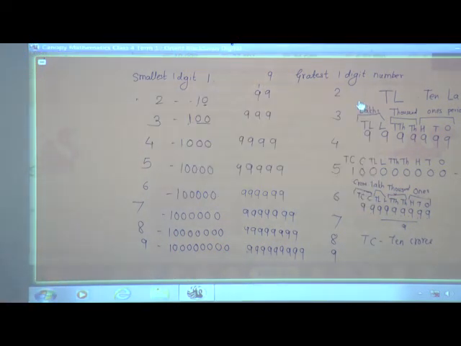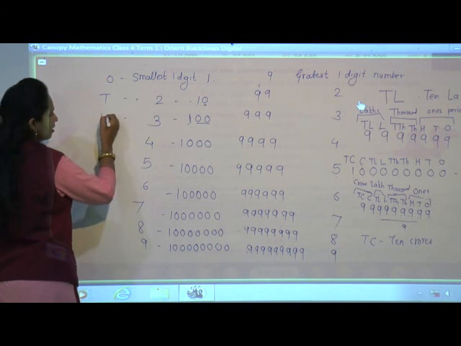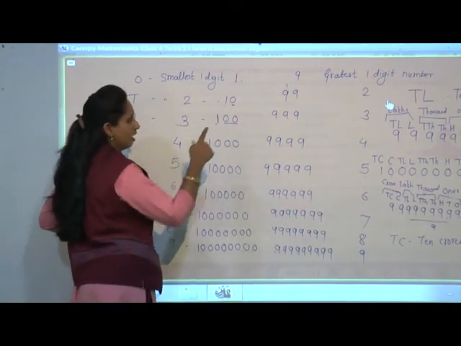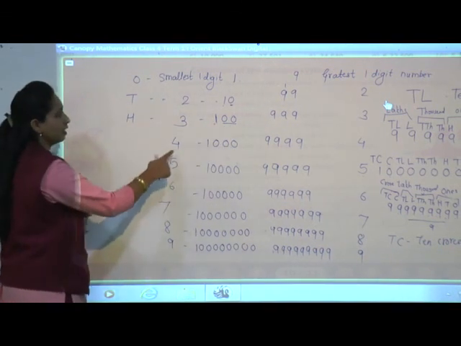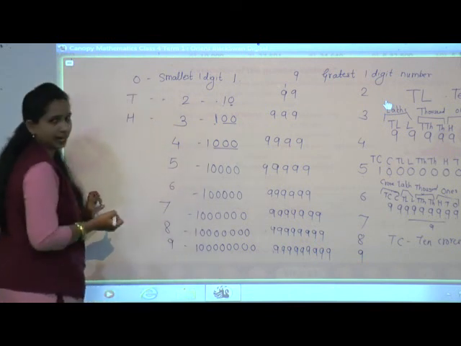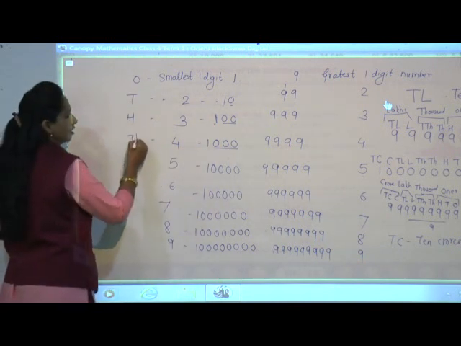How many zeros? 2 zeros. This is ones, this is tens, this is 100. In tens, how many 0 will be there? 1. In 100, 2. Now when the smallest 4-digit number comes, after 1, 3 zeros will be added. And it became 4-digit. And this is the 1000 place.